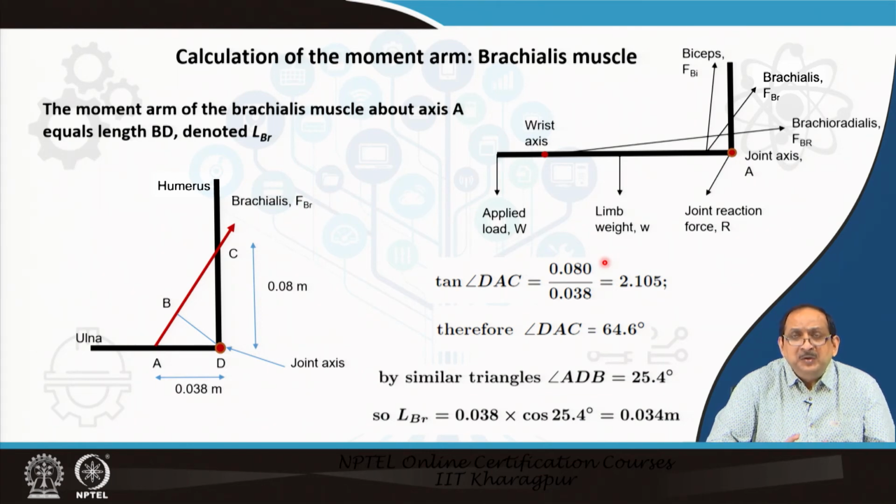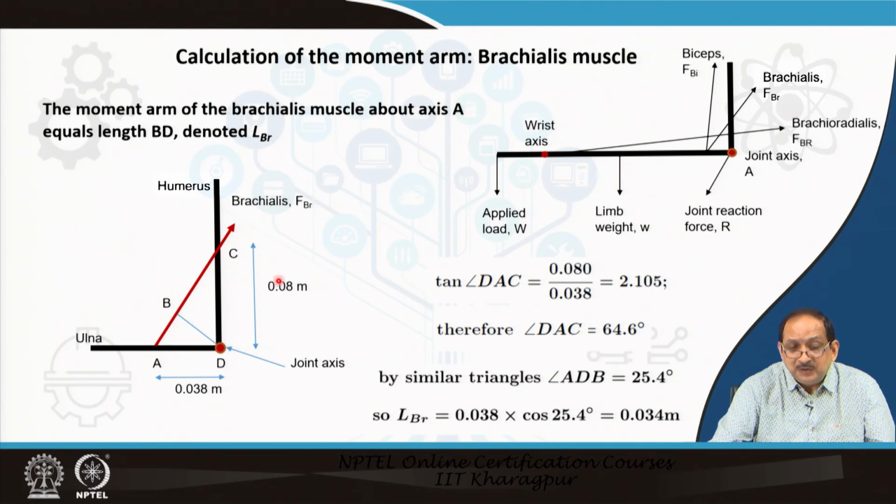Now, we are entering the calculations on the moment arm of each muscle. The first muscle we consider is the brachialis muscle. So, the moment arm of the brachialis muscle about the axis A equals the length BD. So, BD is the moment arm denoted by LBR.